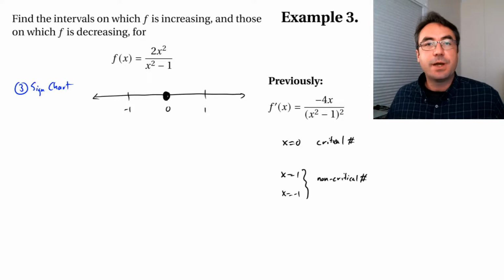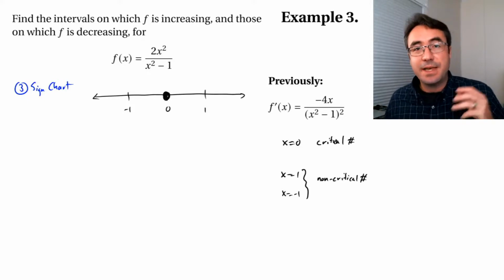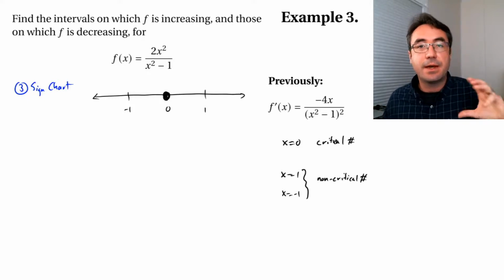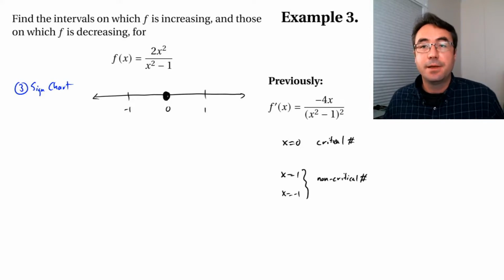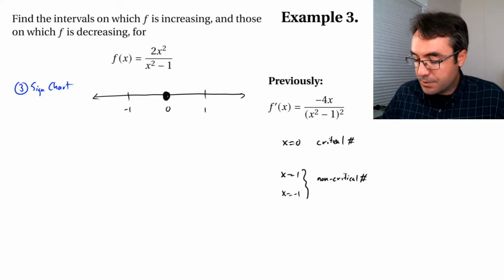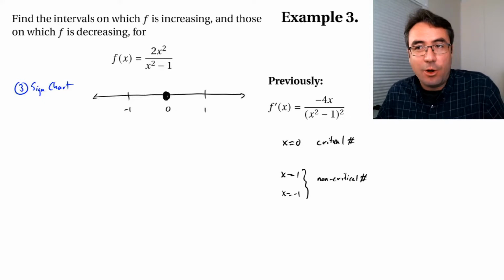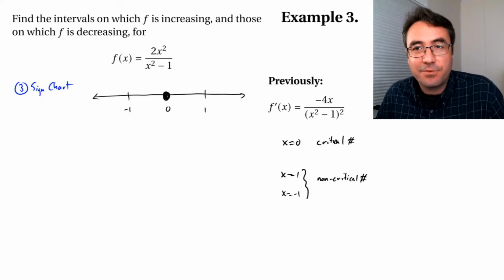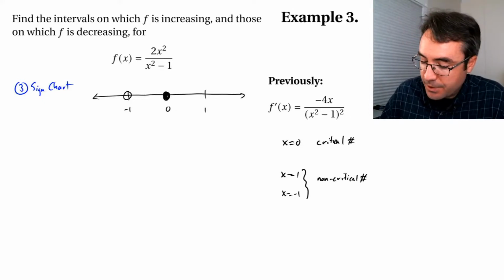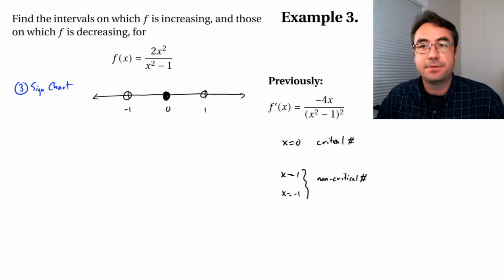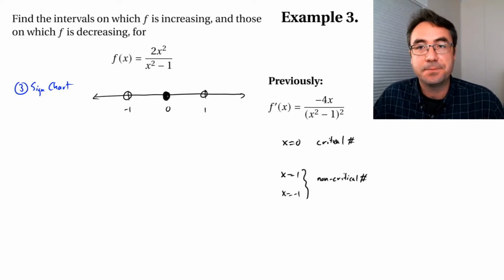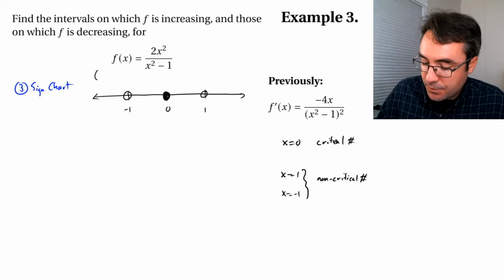We're just keeping track of things that are in the domain, because that's where, as we'll see later on, we might have a max or a min. Those non-critical numbers almost meet the requirements, but not quite. Our function's not defined there, so we're going to use open dots as a visual reminder. Those split up our number line.